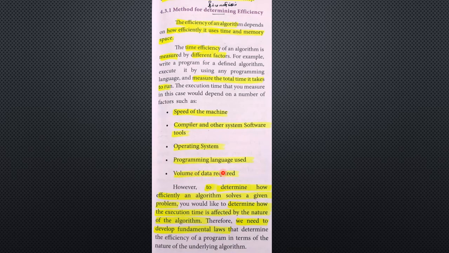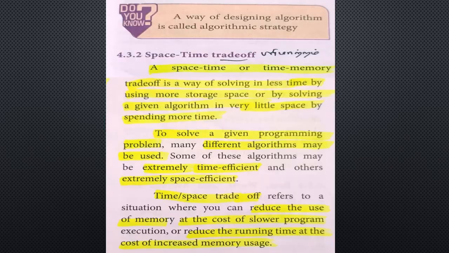These determine how efficiently an algorithm solves a problem, whatever problem you are given. So we determine how the execution time is affected by the nature of the algorithm. We also need to develop fundamental laws, so that we understand the nature of the underlying algorithm.